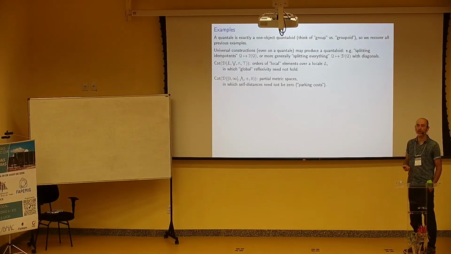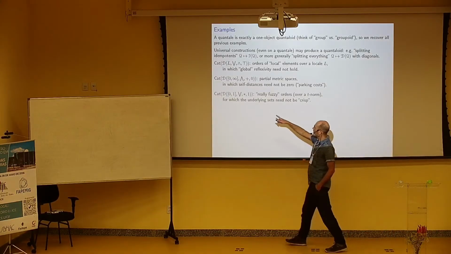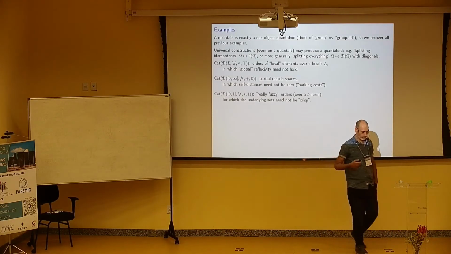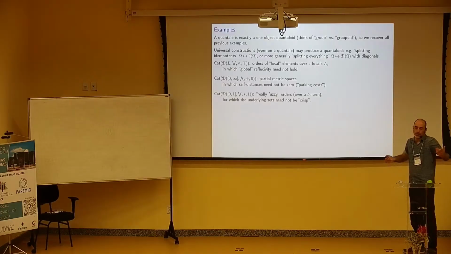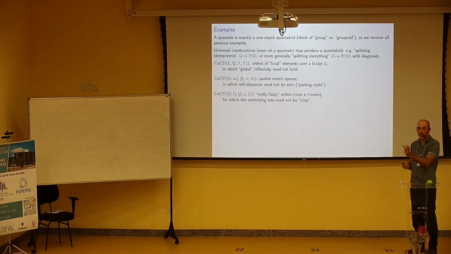Partial metric spaces are like metric spaces, except that the distance between a point and itself is no longer 0. It's as if you're counting parking costs, and not only travel distance costs. Okay? If you do it with a T-norm, you can compute what this means, and it's what I would call really fuzzy orders over a T-norm, because not only the order is becoming fuzzy, but also the existence of the elements is fuzzy.